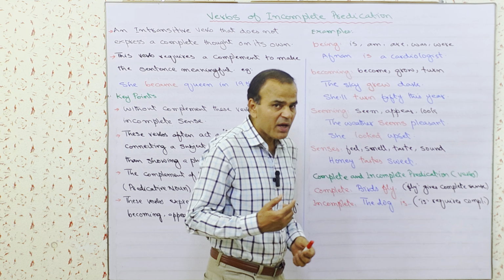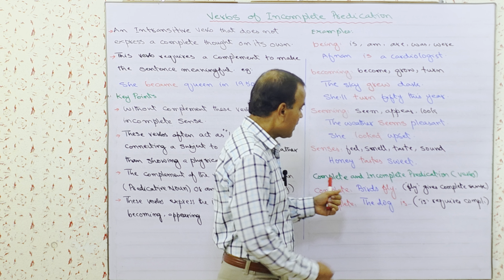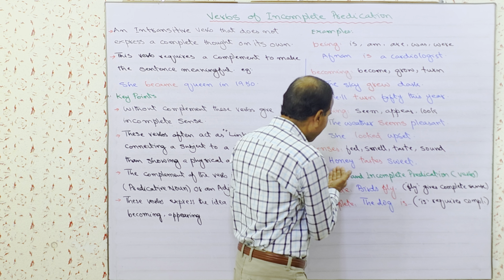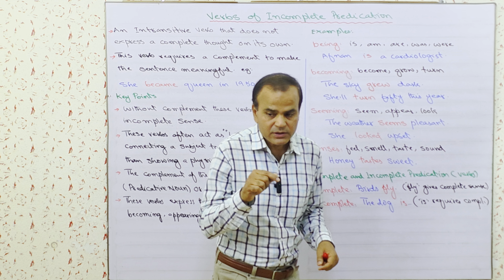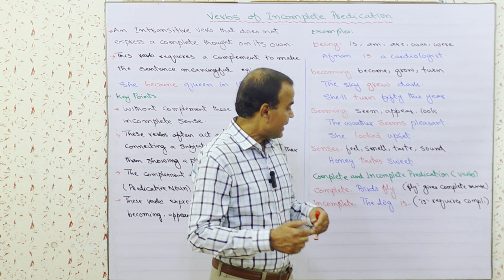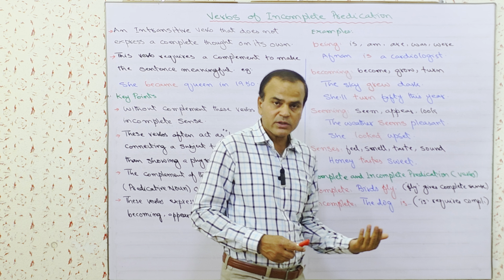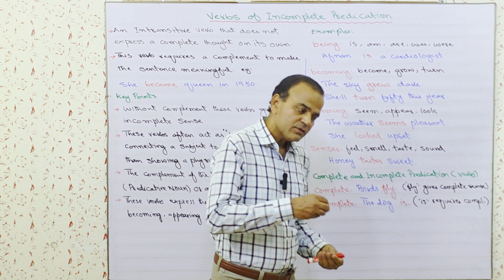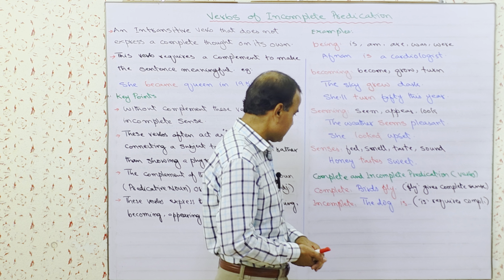Here taste may be replaced by the word is. Here it shows the link between sweet and honey. Not that someone is tasting. If I say I tasted the food, that is another use of the verb taste. But tastes sweet means its taste is sweet. That is actually the meaning of this sentence.